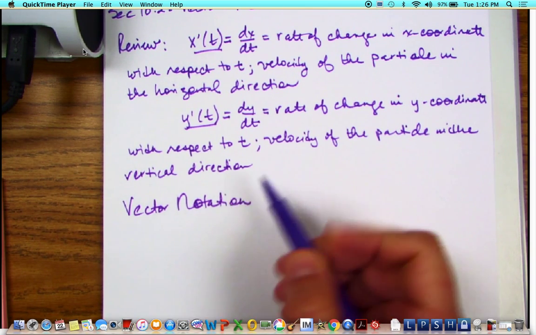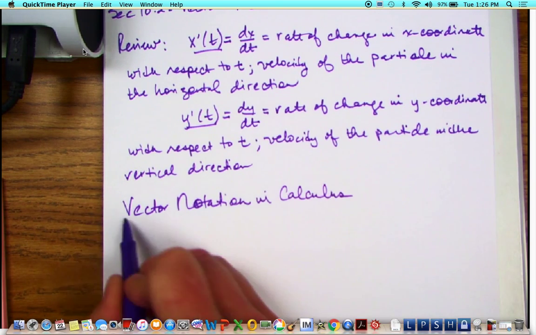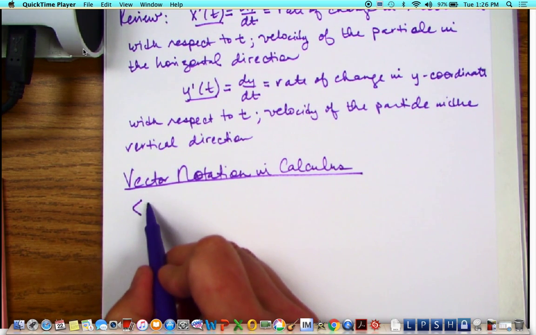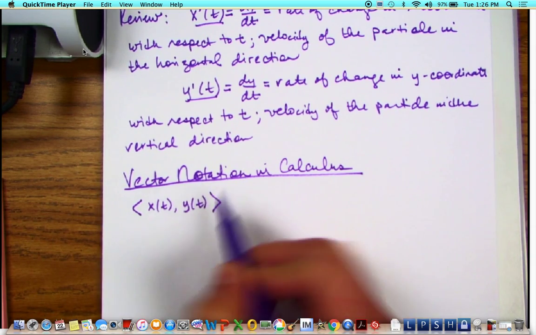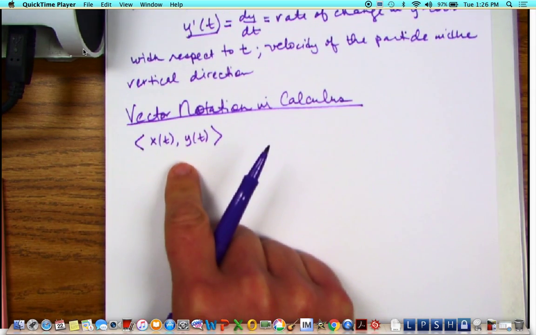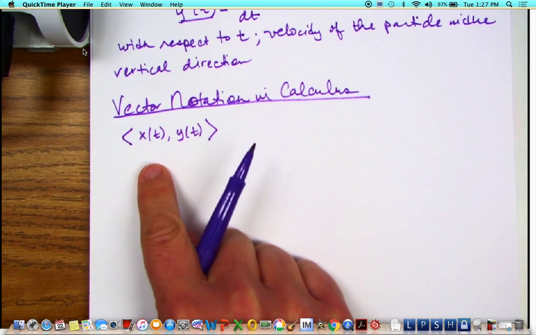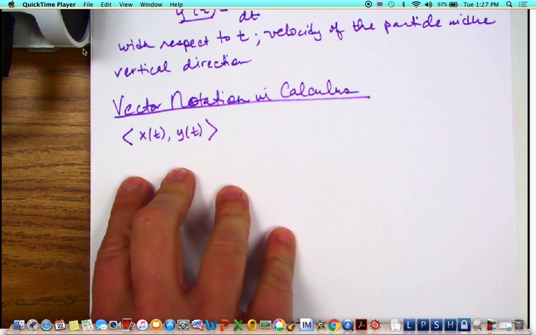Okay, so let's talk about vector notation in calculus. The only thing that differentiates the vector from a parametric is the little brackets here. And again, a lot of times they're used interchangeably in your calculus free response questions.